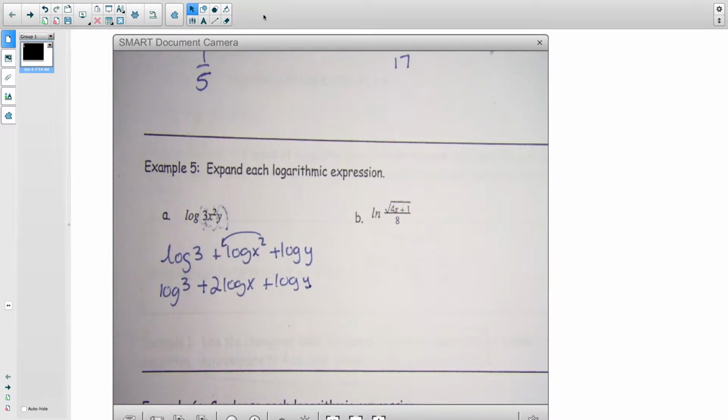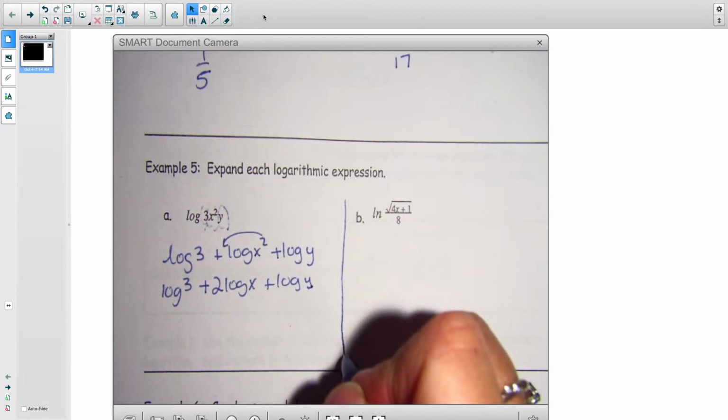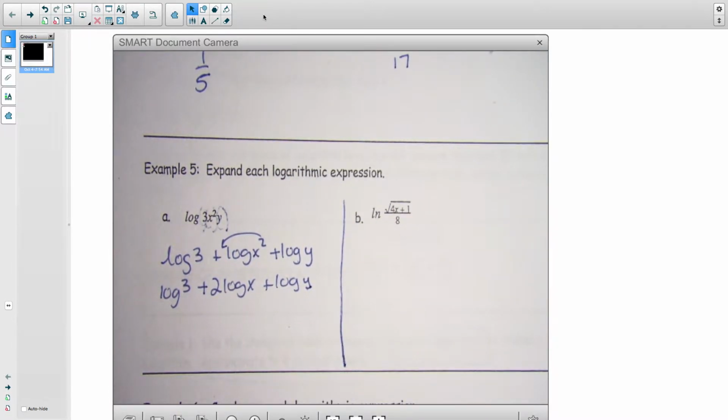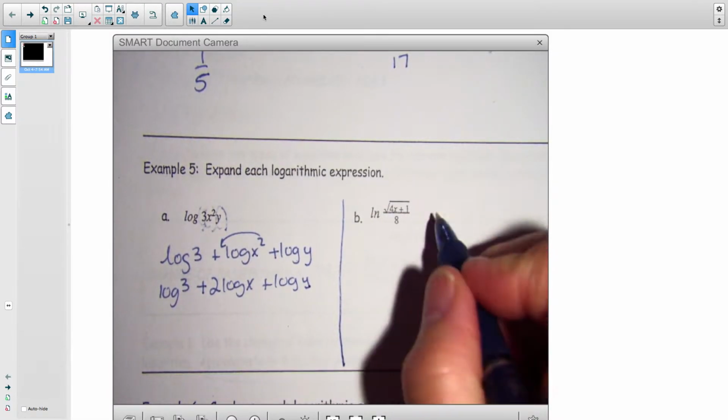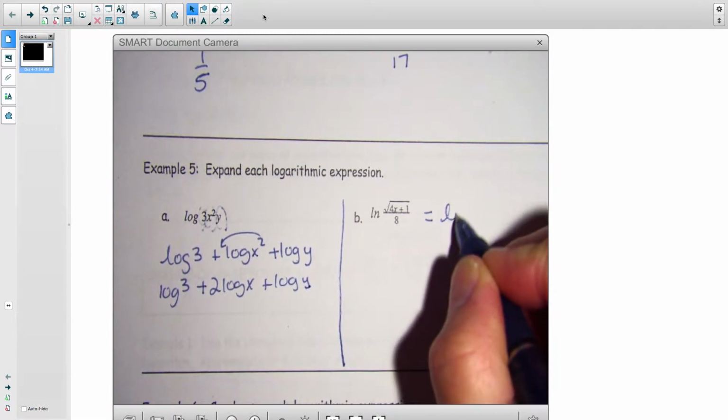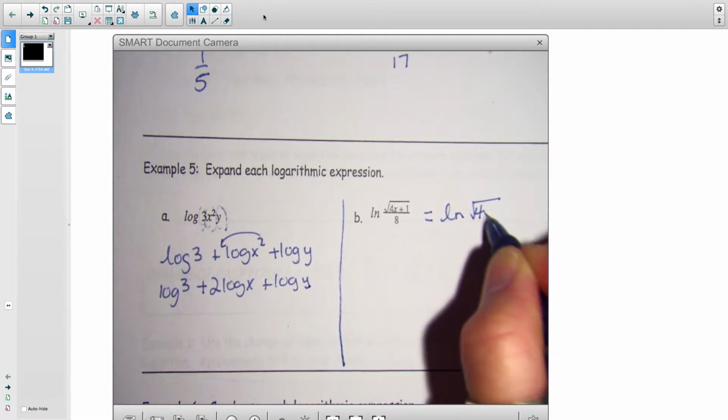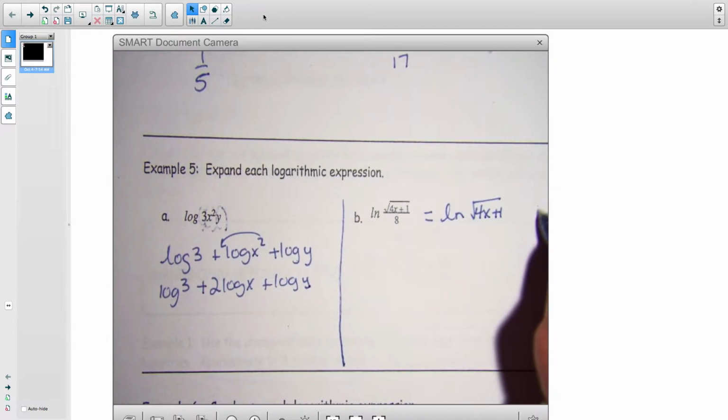Questions on A? B, natural log of the square root of 4x plus 1 divided by 8. What am I going to do with the numerator and the denominator? Subtract them.